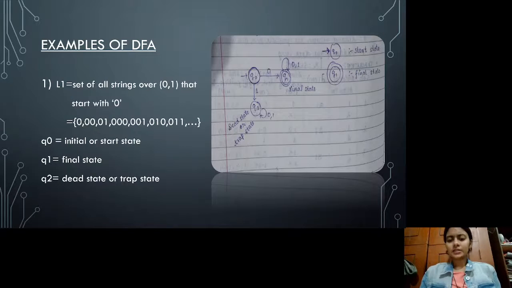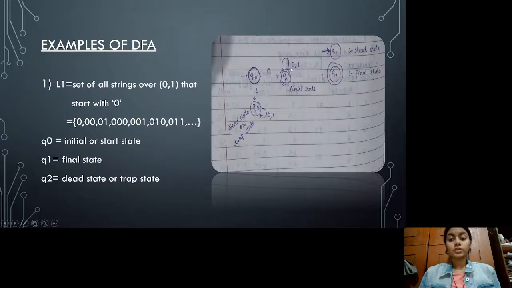So quickly designing this DFA, we can start with the starting state or the initial state Q naught. This arrow is given in front of the starting state, by which we can determine this is the starting state. So Q naught, after getting the input of 0, moves to Q1. After that, we can have an infinite number of 0s and 1s over here.